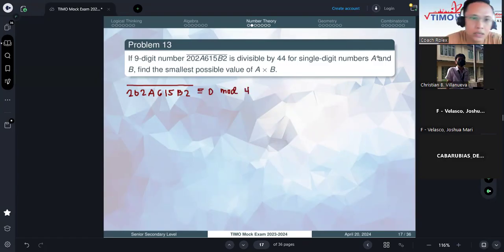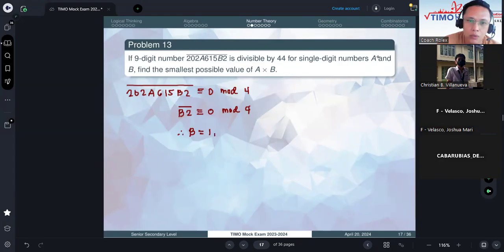We will focus on the last two digits. B2 is congruent to 0 modulo 4. That means B can be either 1, since if B is 2, 22 is not divisible by 4.